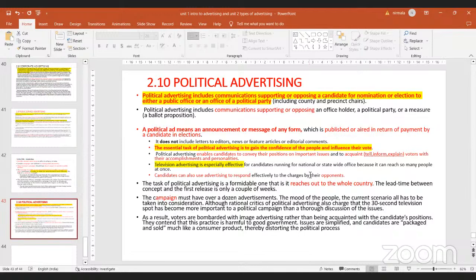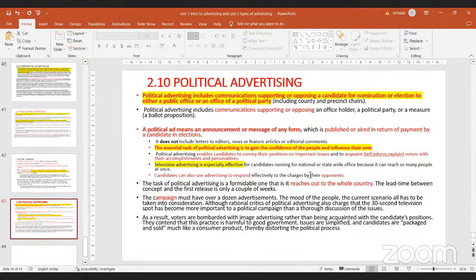Political advertisement would be in the form of an announcement, or it may be part of a message. Or political advertising can also be in the form of publicity, where the political candidates or the party gets a space in the news.